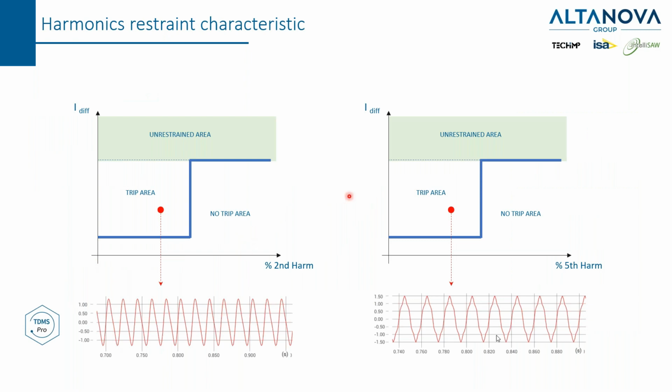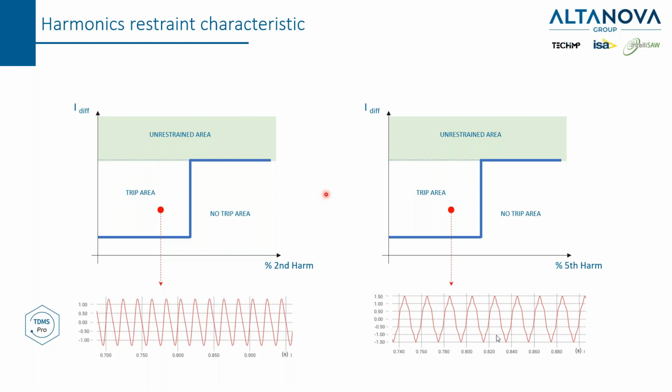There is another element typically used in protection, the so-called harmonic restraint. So there are harmonics that can be blocked. In particular, the second harmonic appears when you have inrush current, so when you energize the power transformer.